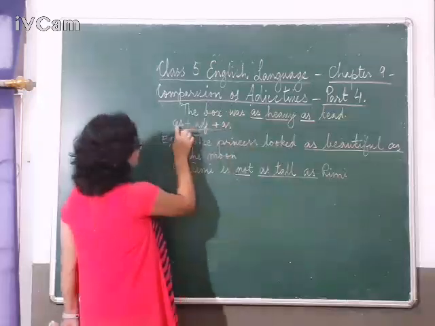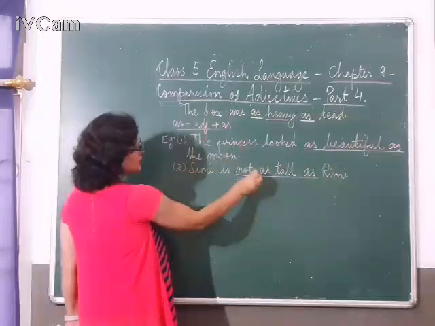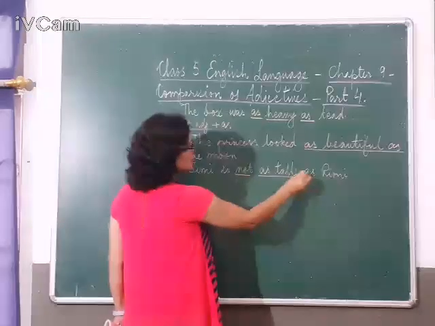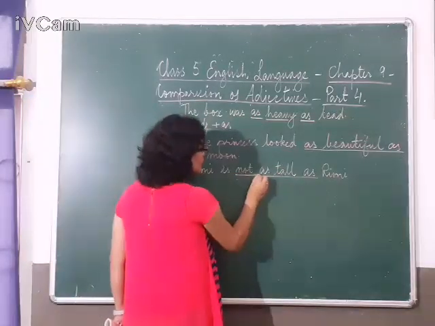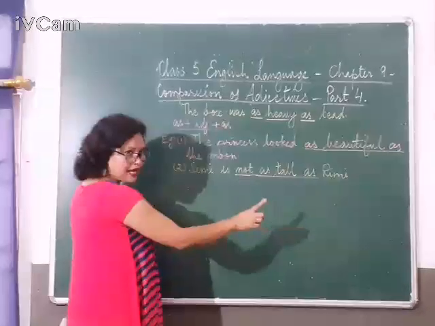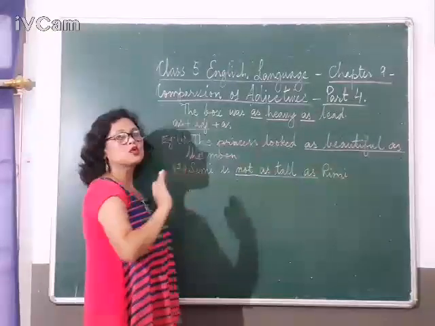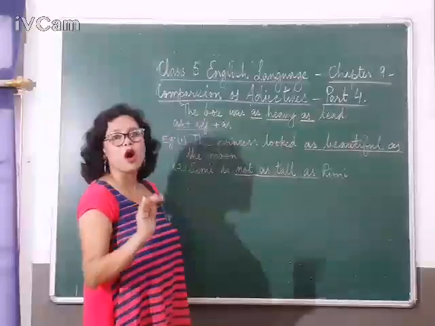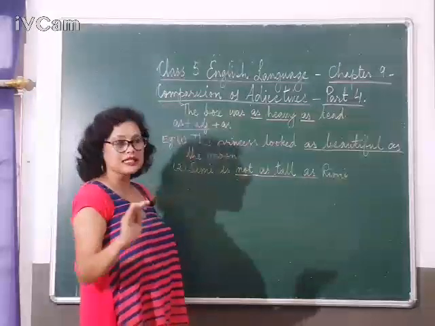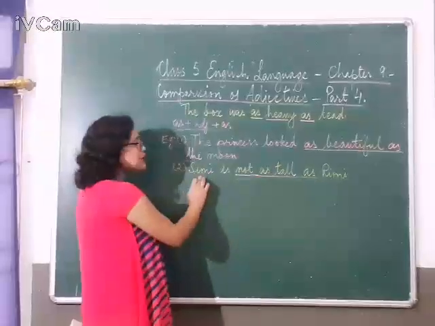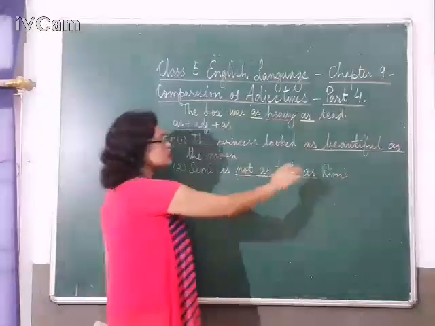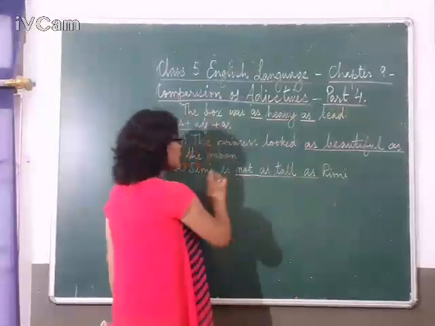The same pattern here, as plus adjective plus as, tall is an adjective. But the word not here. The two are compared, but the two don't have the same quality. They are not equal. They are different. Simi is not as tall as Remy. Remy is taller than Simi.